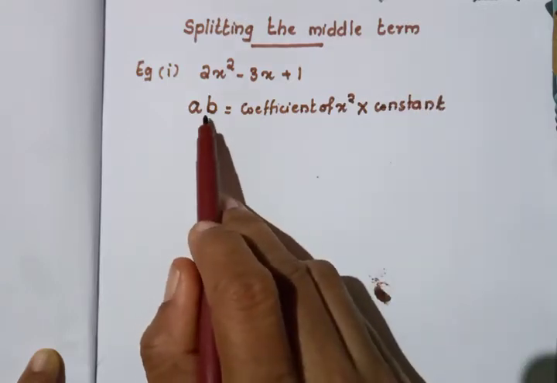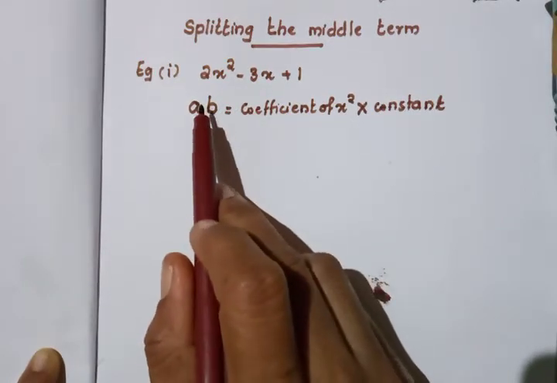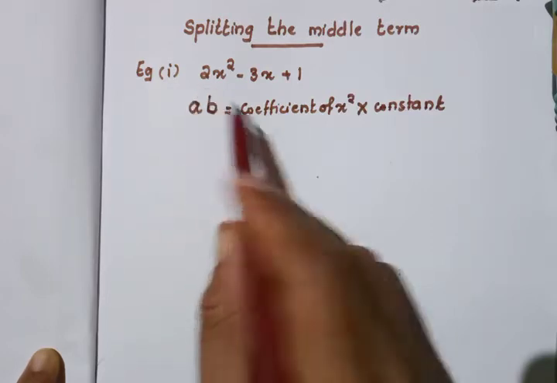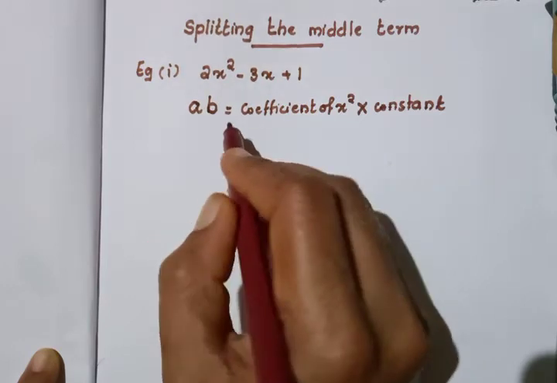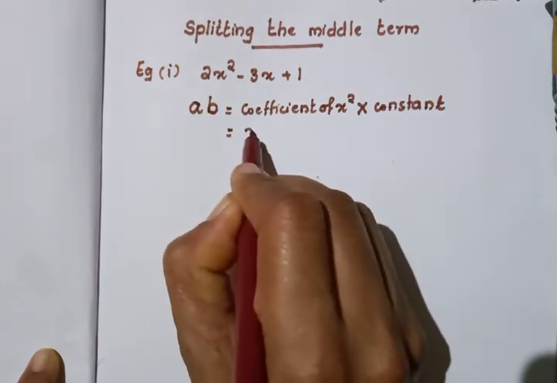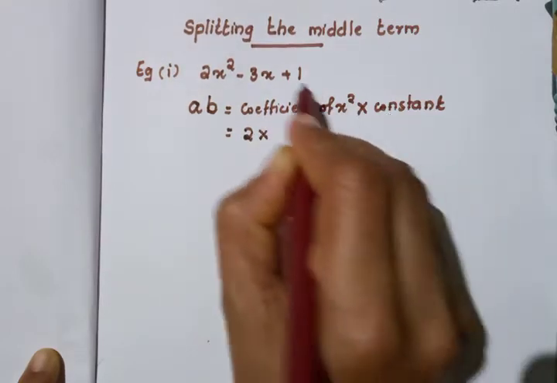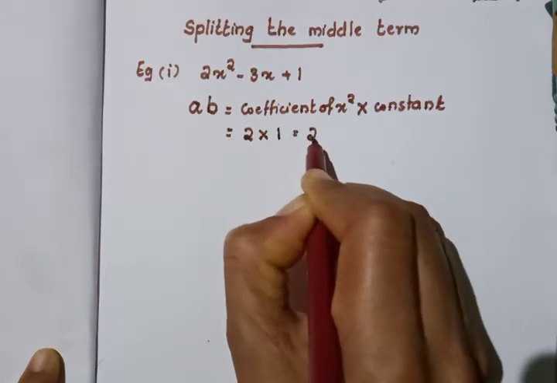Last class, for a into b we had taken the constant term, as the coefficient of x square was 1. So here the coefficient of x square is not 1. What is the coefficient of x square here? 2 into the constant term, positive 1. So it will be 2.